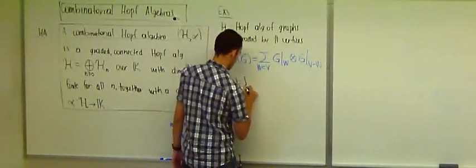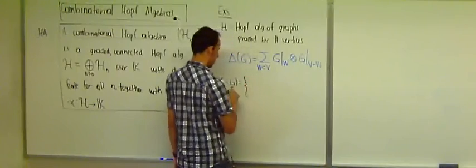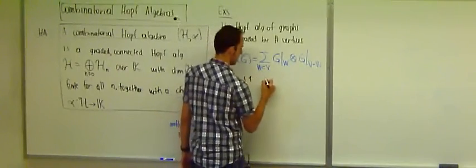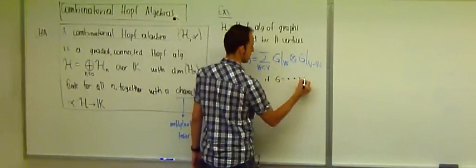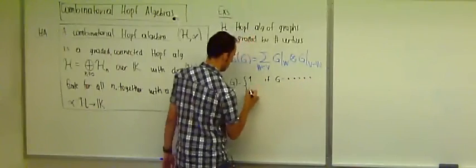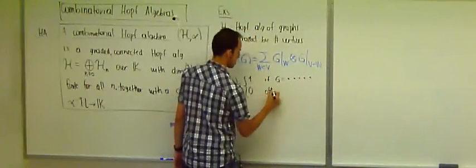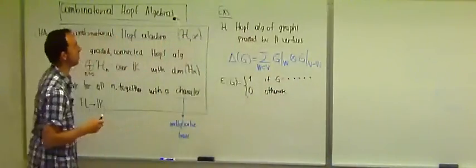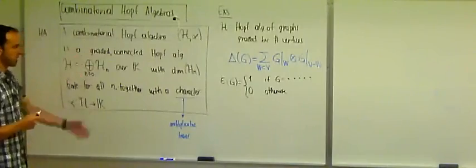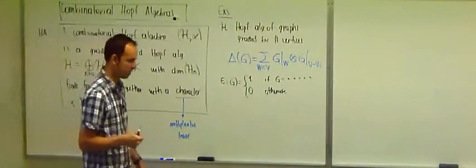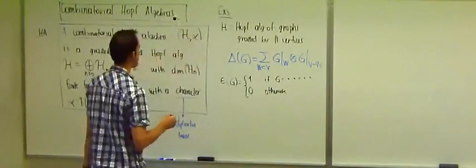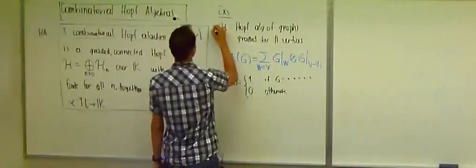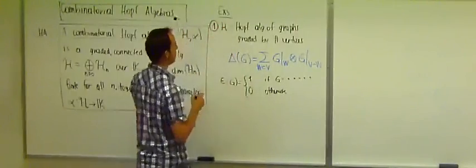Remember that here, the co-unit is going to be 1 if the graph has no edges, and 0 otherwise. That's multiplicative, and so this is going to be a combinatorial Hopf algebra. So that's one.